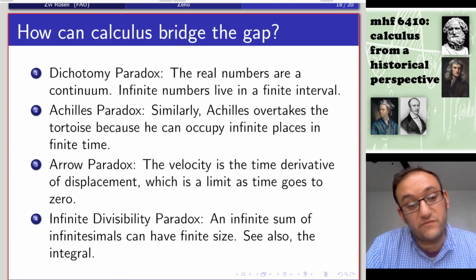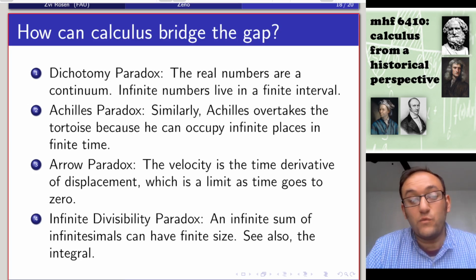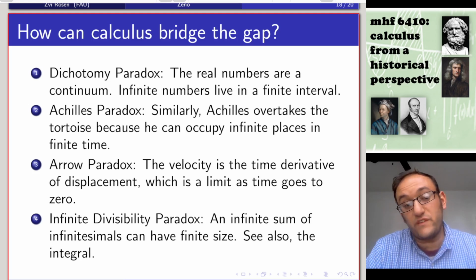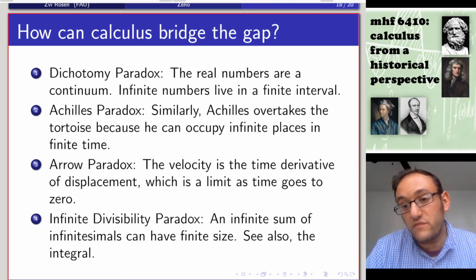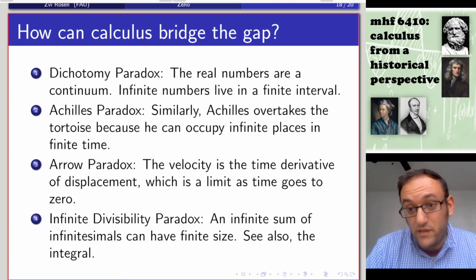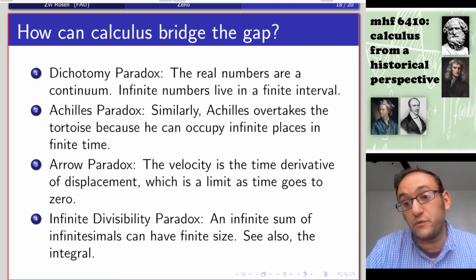As for the infinite divisibility paradox, we can think about this as related to infinite sums or integrals. You can have a limit of some sum where all of the constituents are approaching 0 size, and yet the sum approaches some finite value.